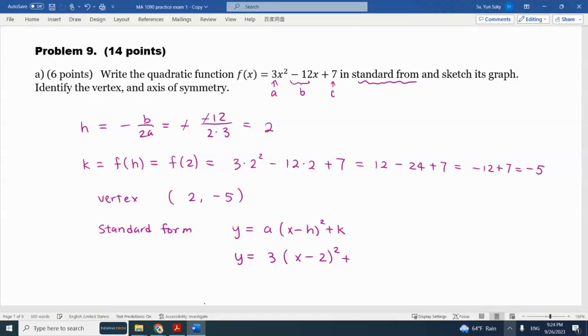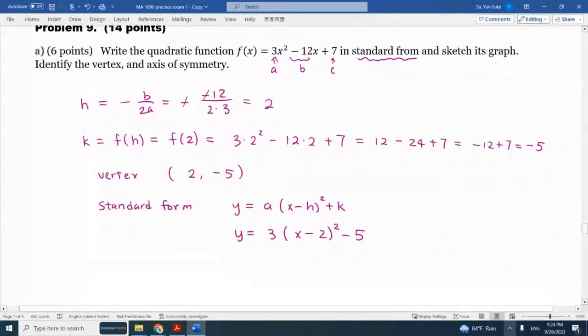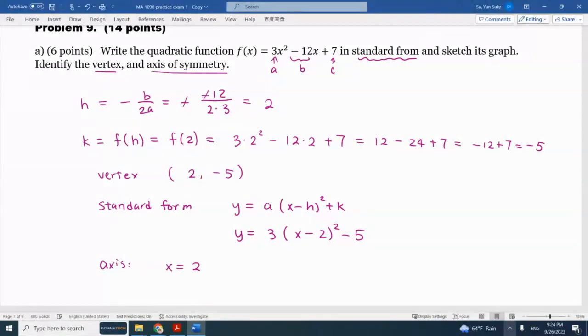Your k is negative 5. Write down your standard form. So read the problem carefully. See, we get the vertex, we get the standard form. We also need the axis. It's a line. So x equals h. H is 2. Give me a line. Give me an equation, not just the number 2. Okay?